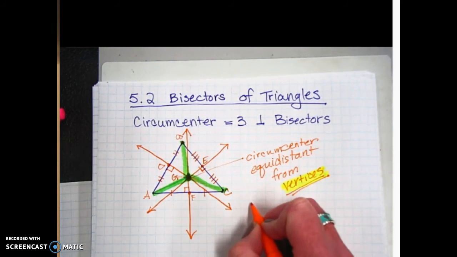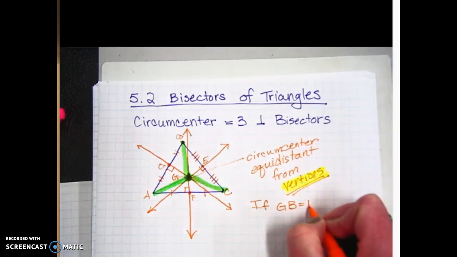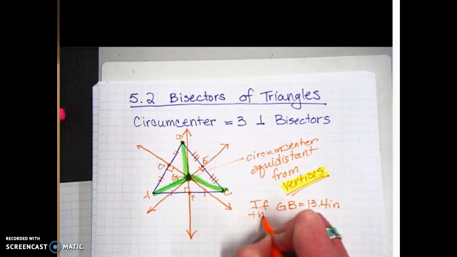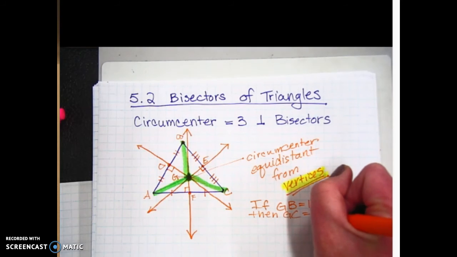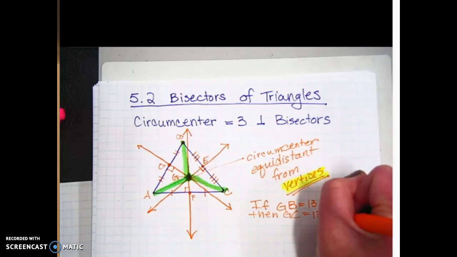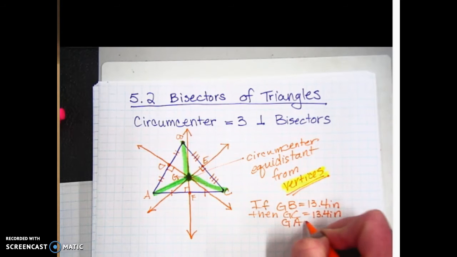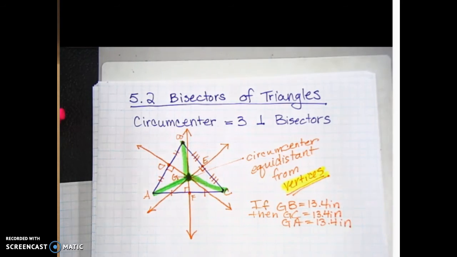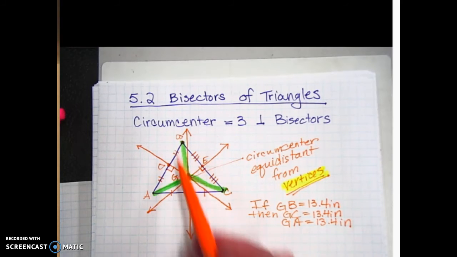So, if GB is 13.4 inches, then GC, bless you, is 13.4 inches, and GA is 13.4 inches. Those are to each of the 3 vertices.